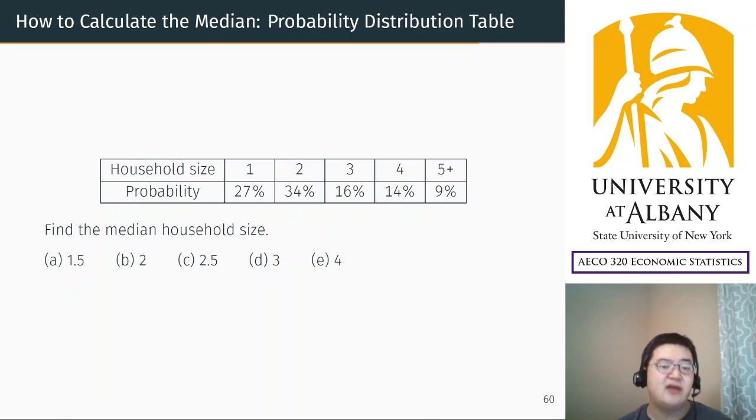So anyhow, try to find the median household size given this probability distribution. You need to calculate the cumulative probability, and then remember, we need to find the smallest value with cumulative probability at least 50%. Okay, I'm going to continue in the next video. Try this, do the math, and see you in the next video.